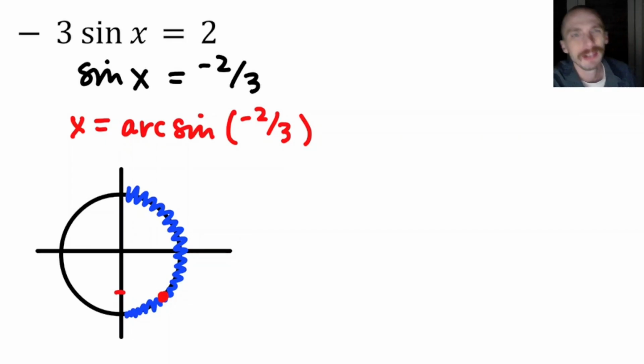Because that red dot, yeah, the last one was probably regrettable. The red dot is representing the actual arc sine of -2/3. But there's another solution to the equation on the interval 0 to 2 pi. There's another place on the unit circle where sine is -2/3, and that's right there, that place I marked off in yellow.